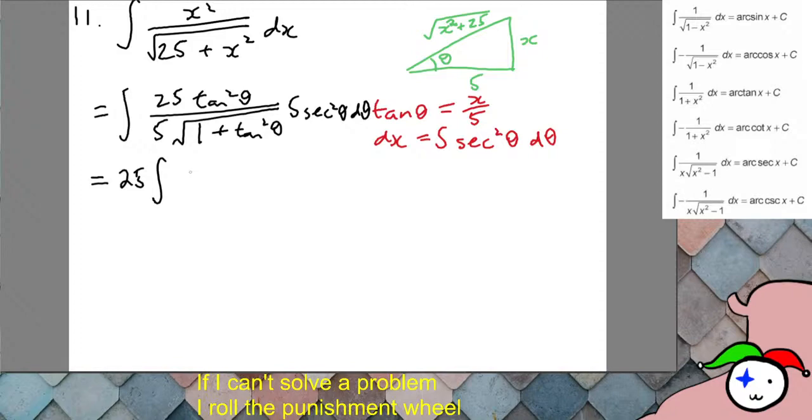Let's keep going, and if it's wrong, then we'll figure it out. So tan squared on the bottom, secant times secant squared, so I'll end up with tan squared theta secant theta d theta.